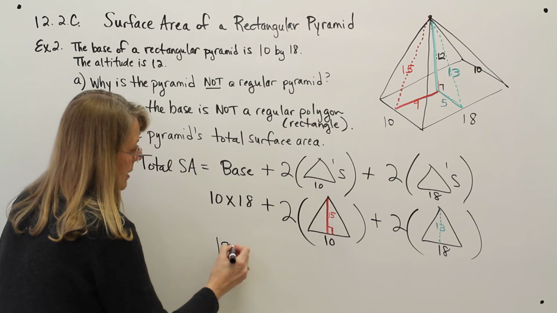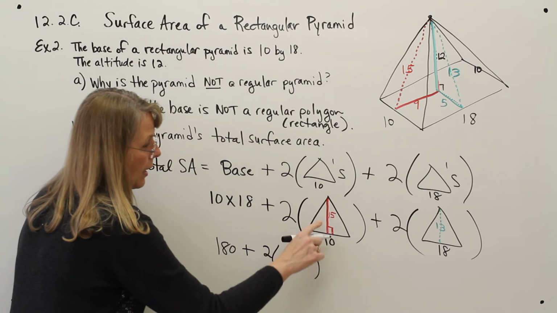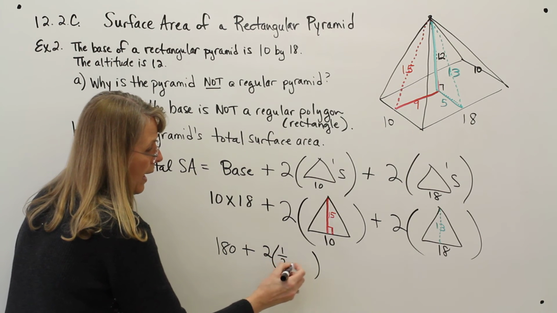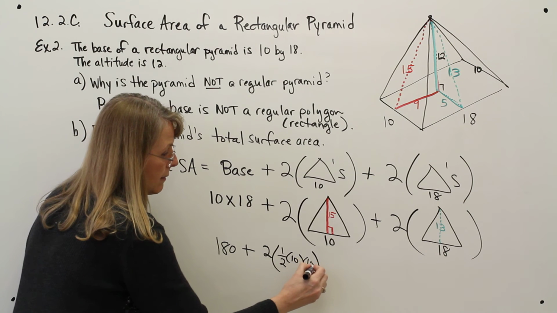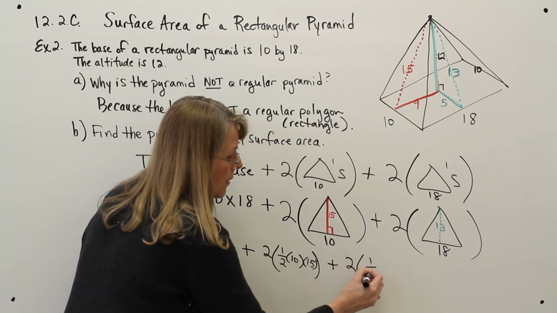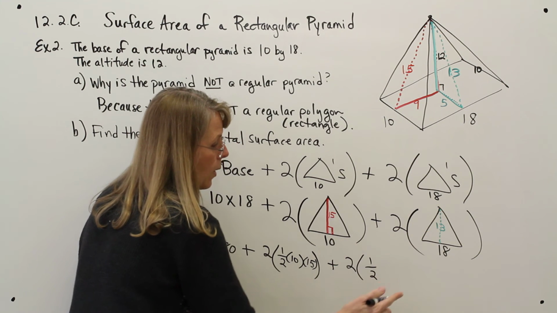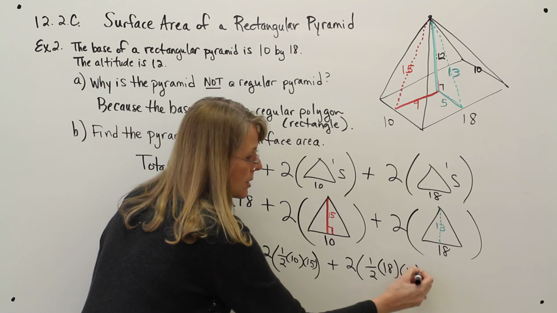I have 180 plus 2 times the area of this triangle, which is 1/2 base of 10 height of 15, plus 2 times the area of this triangle, which is 1/2 base 18 times height 13.